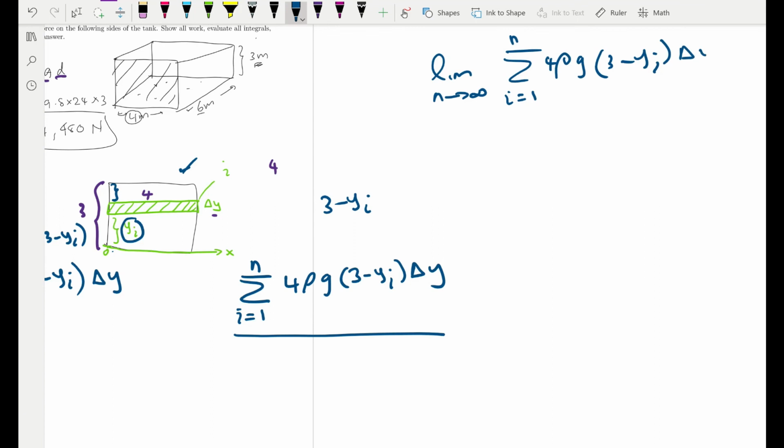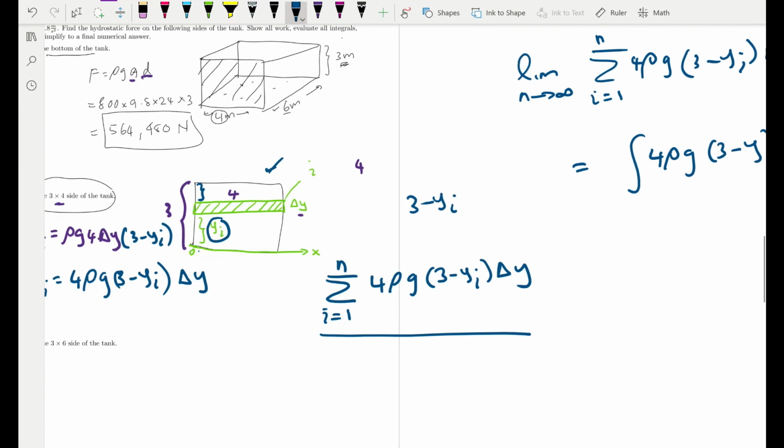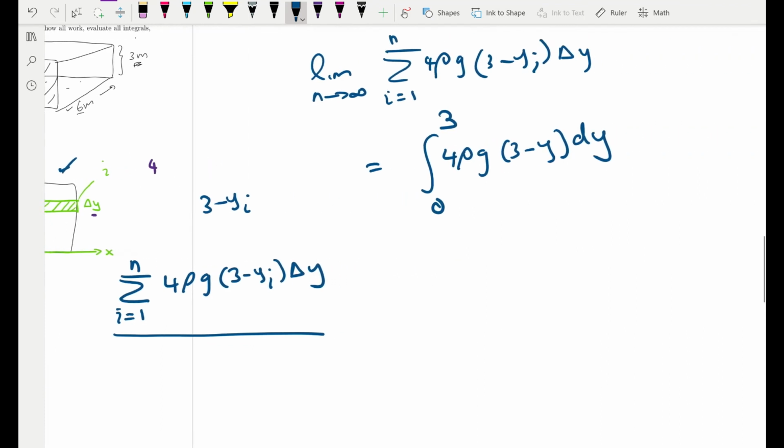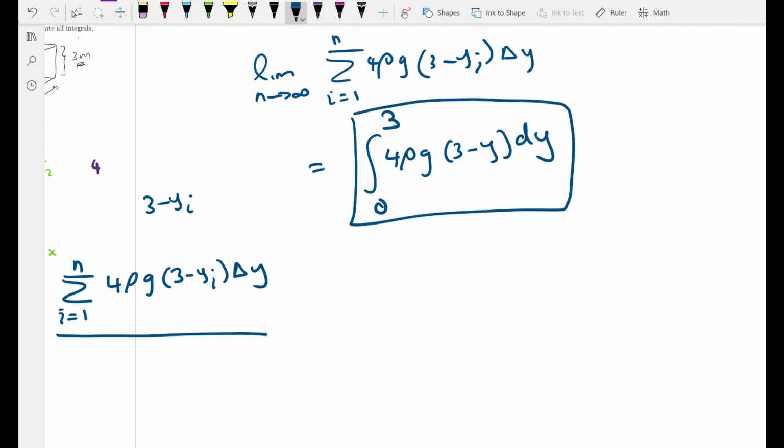This is where you get the definite integral. It's 4 rho g (3 minus y) dy, and you're integrating from bottom to top, 0 to 3. This integral will give you the force acting upon the 3 by 4 side of the tank.